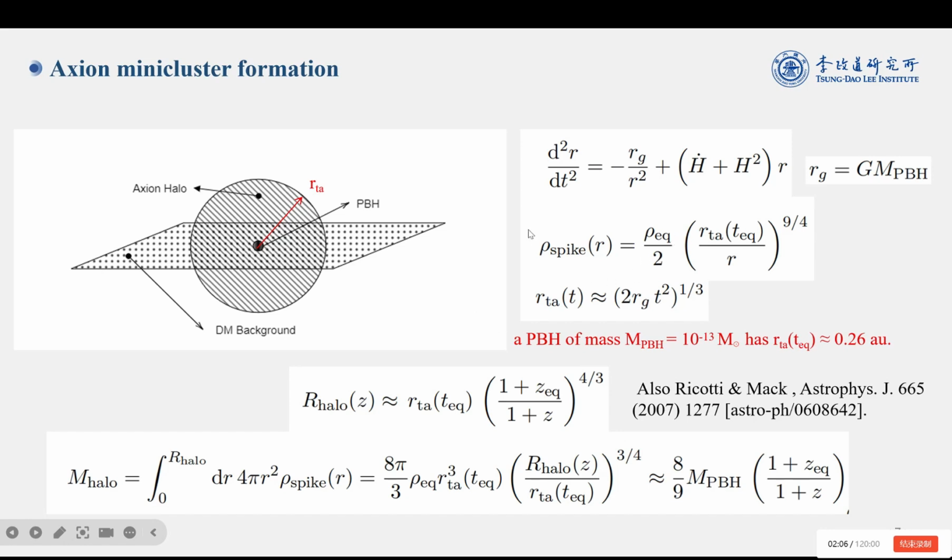And by using this profile, we can define the turnaround radius R_TA as where the axion halo density matches the dark matter background density.